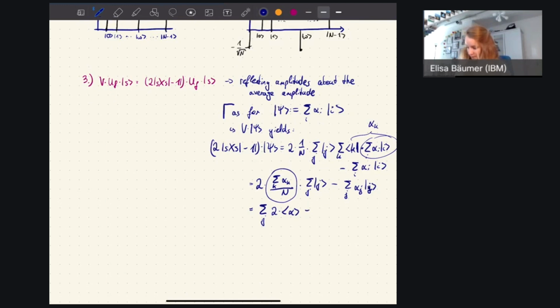And then minus alpha j times ket j. And this part here corresponds exactly to a reflection of alpha j about the average alpha.